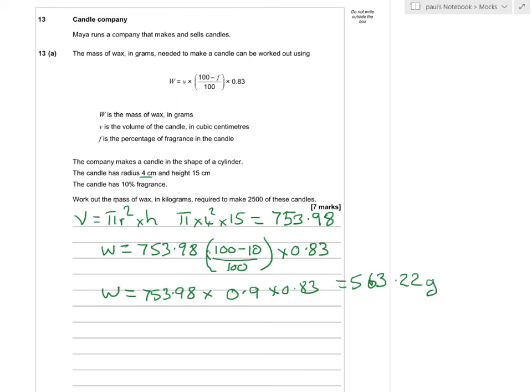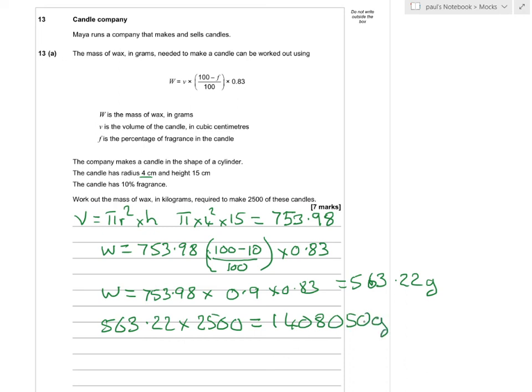Now what are we doing? Work out the mass of wax in kilograms required to make 2,500. So we've got to do 563.22 times 2,500. This will give us a total mass, but it will be in grams. 563.22 times 2,500 is a humongous number, 1,408,050 grams.